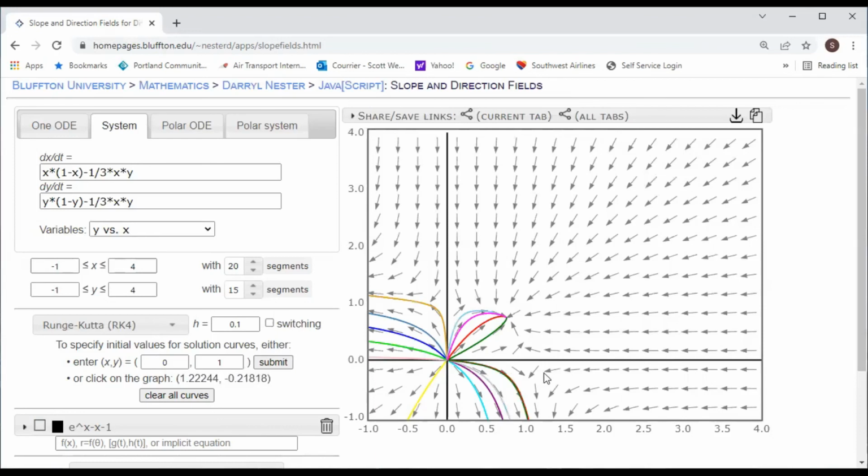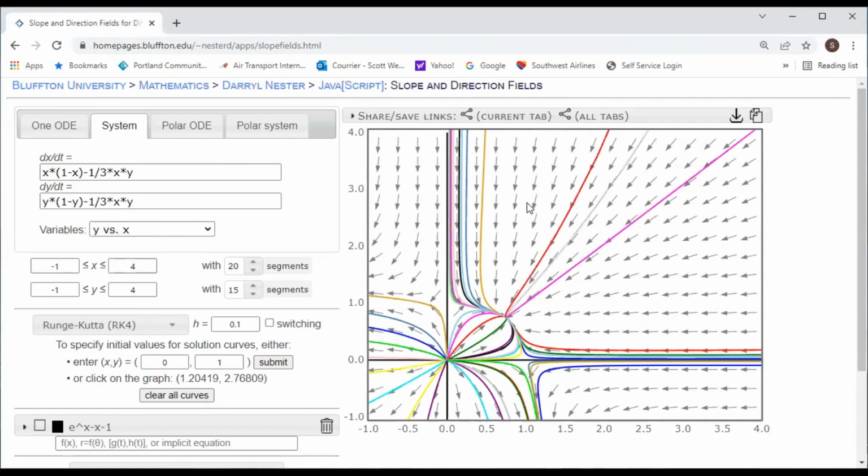Once again, as far as the populations of animals are concerned, don't take too seriously the ones that are not in quadrant one, but the ones that are in quadrant one are meaningful. All right, and then at 0, 1 and at 1, 0, in both cases, we were supposed to have saddle points. Sure enough, there they are.